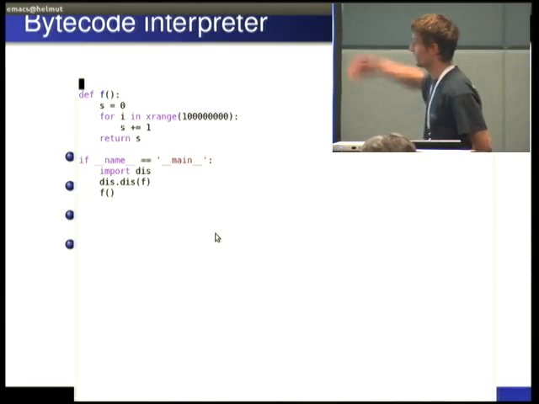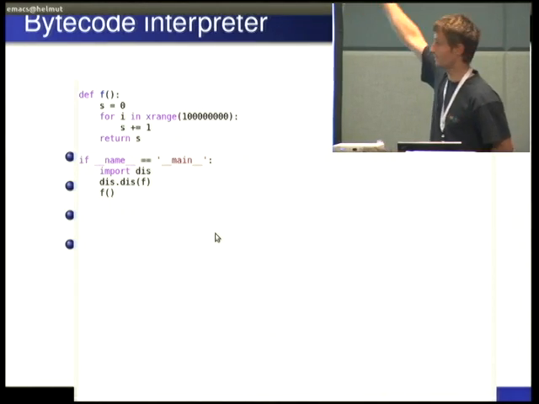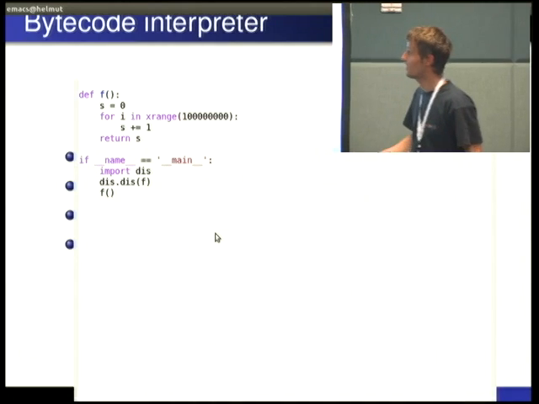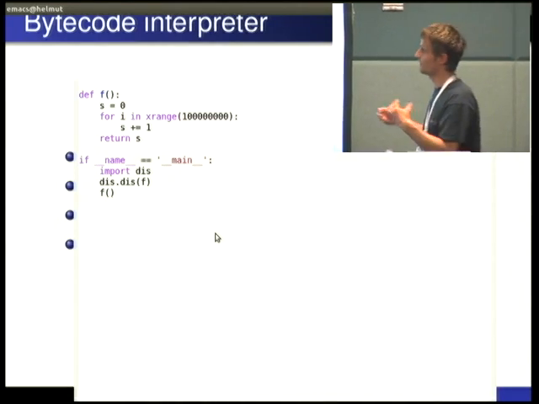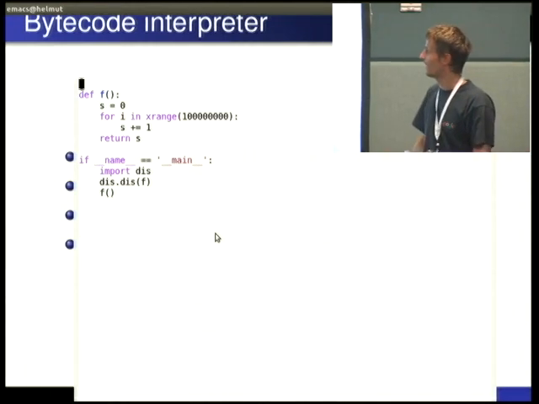Okay. So this is a Python program that's relatively boring. It has a function that sums all the integers from 1 to some large number that I typed by chance.